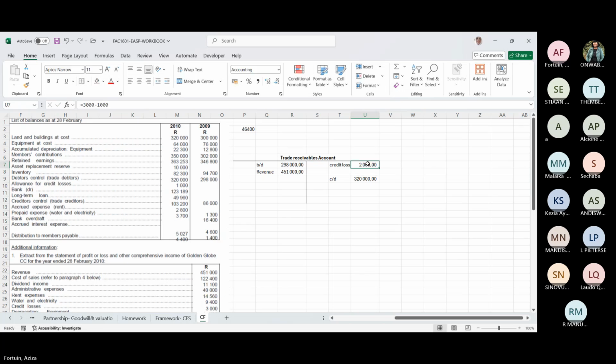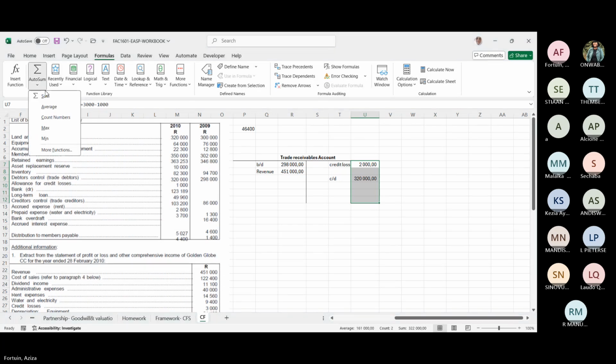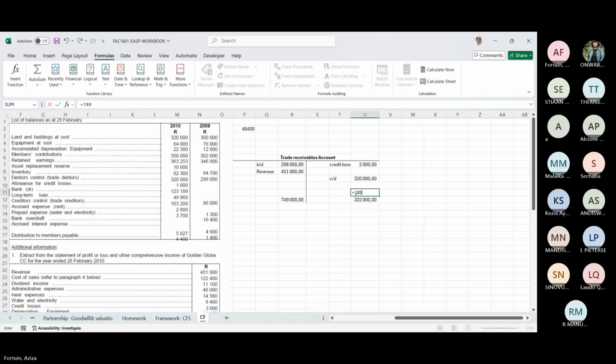Okay. Let's tally it up. $322,000. So that would be my cash.